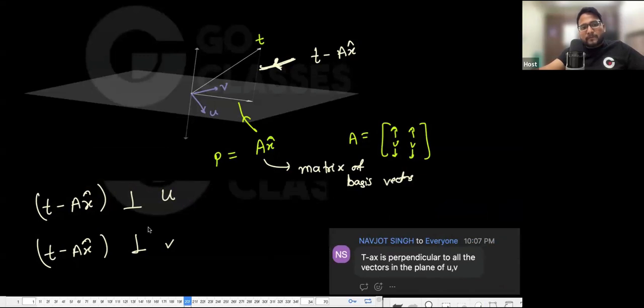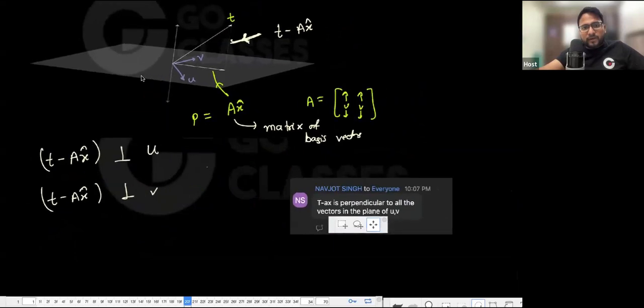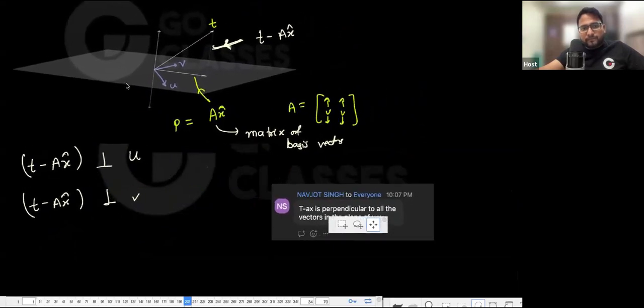So basically, the things will be the same. It is just that we now have multiple dimensions. Basically, you can say that the dot product of t minus A x cap and u is zero, isn't it?